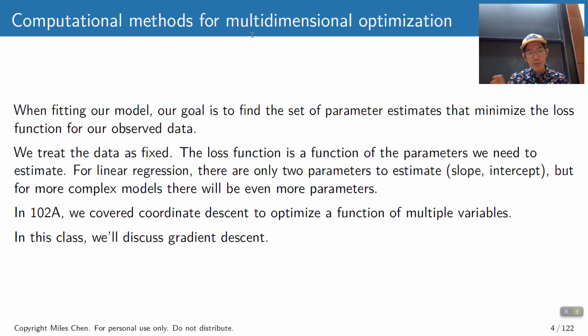So again, just to step back, our goal is to figure out the set of parameter estimates. For simple linear regression, we're just trying to figure out the slope and the intercept. As things get more complicated, we might have several slopes or weights associated.